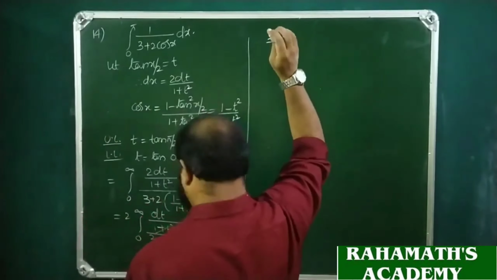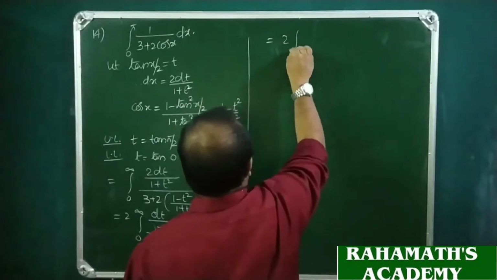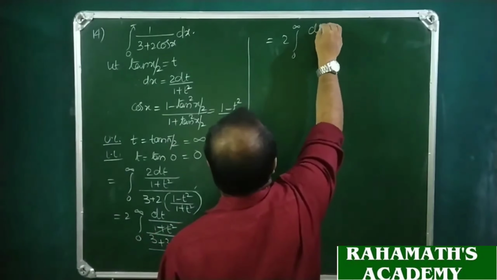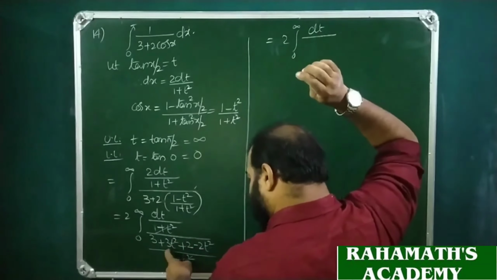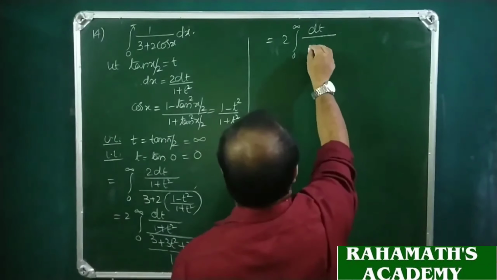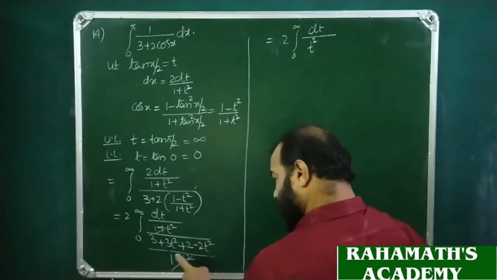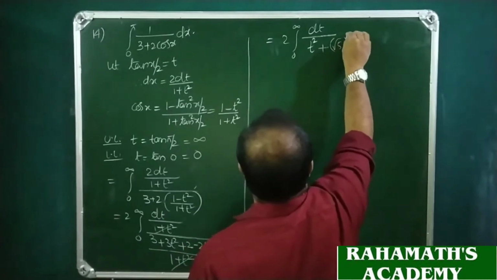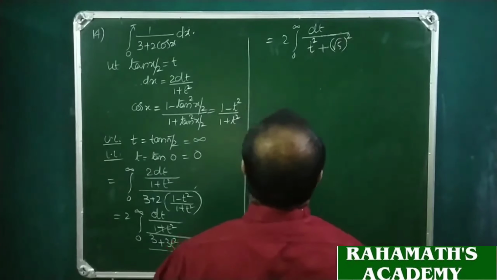That is equal to 2 into the integral from 0 to infinity of dt by (3t square minus t square, so t square plus 5)... so t square, 3 plus 2, 5, can be written as root 5 whole square.